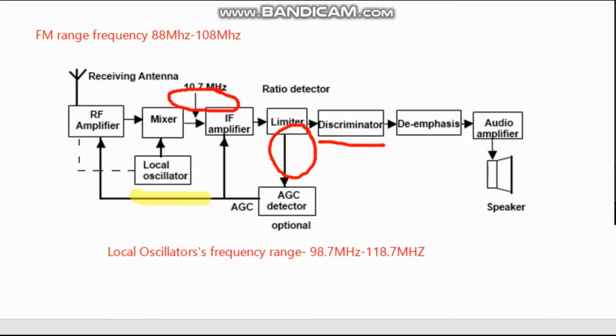So the function discriminator, ang counterpart niya sa AM receiver block diagram is yung demodulator or yung detector. So its function here in FM receiver is, it uses the reactance modulator actually, and it first converts the frequency variations into amplitude variations, and then this discriminator then uses a detector circuit.